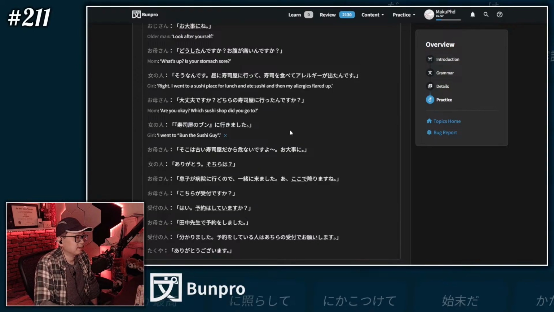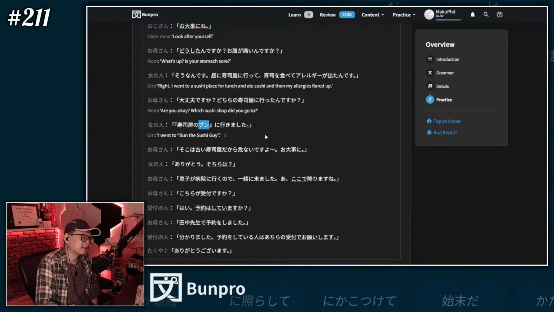Hold up. Oh, that's cute. Okay. Interesting. That is one way to interpret it too. Sushiya, using ya as a person as opposed to a shop. That is interesting. And then it makes sense, because it'd be Boon the guy.